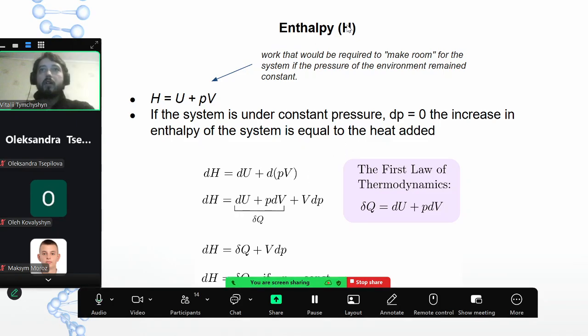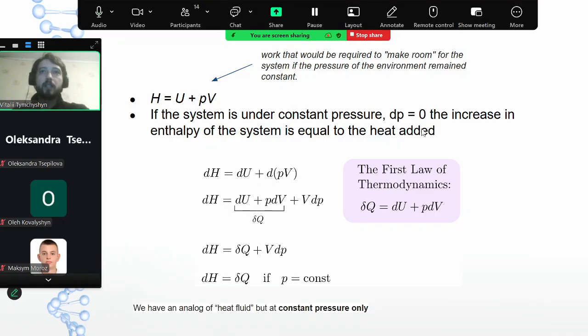Okay, so the first state variable, pretty interesting for us, is the enthalpy. Here it is, designated with H. It is said that this is the work that will be required to make room for the system if the pressure of the environment remained constant.